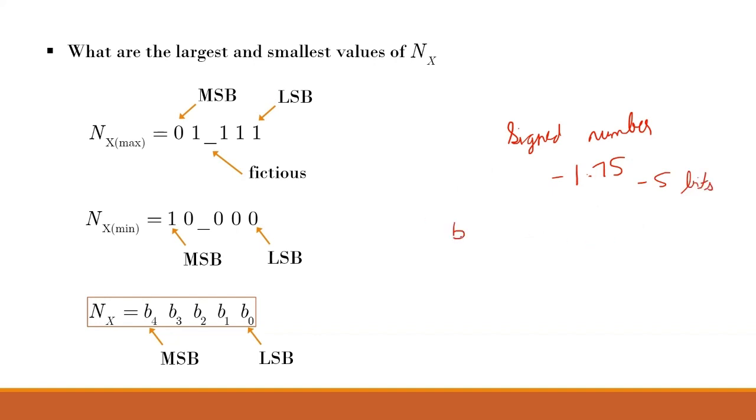So I will give B4 into 2 to the power 4 plus B3 into 2 to the power 3 plus B2 into 2 to the power 2 plus B1 into 2 to the power 1 plus B0 into 2 to the power 0, and there will be a minus 1 over here. If this was the representation, I would get the maximum value to be 32. So the range is from 0 to 32.